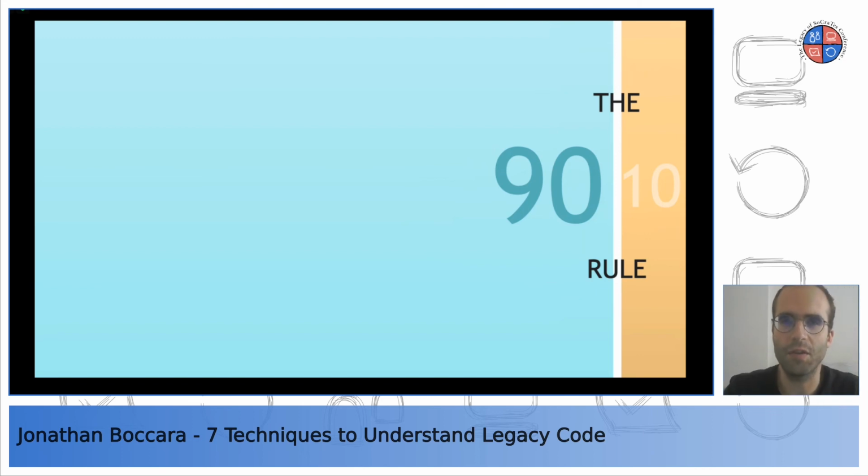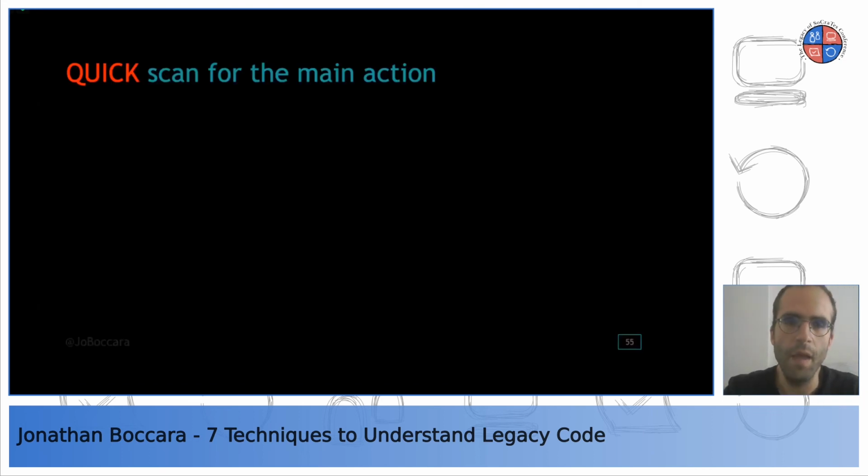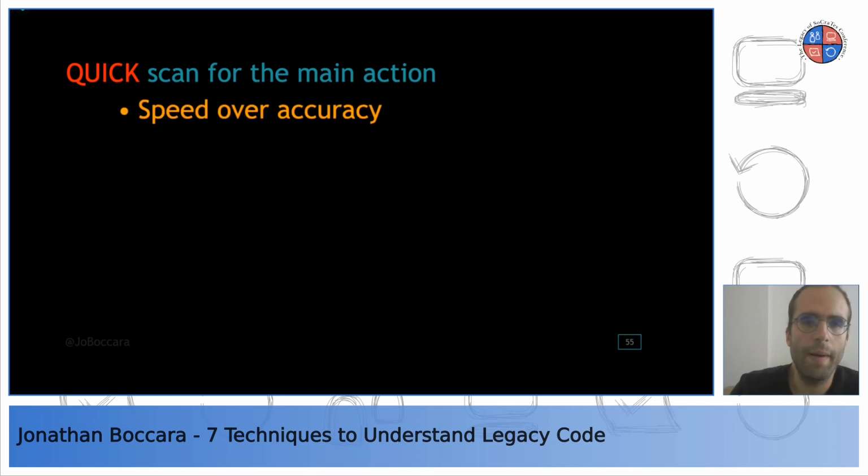So this technique consists in scanning and looking for the main action, being lines where the meaning is condensed. What matters is speed over accuracy, which means that if we get one line wrong, thinking it's not the main action when it is, or thinking it's the main action when it's not, then that's okay, because the second pass is always possible. This is to get a general idea anyway.